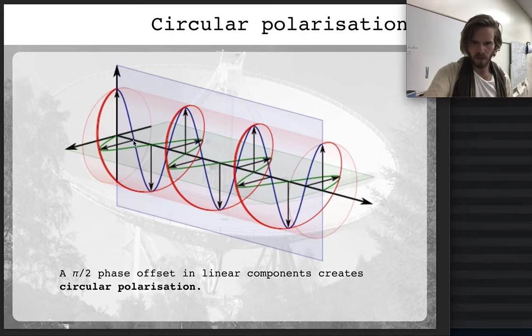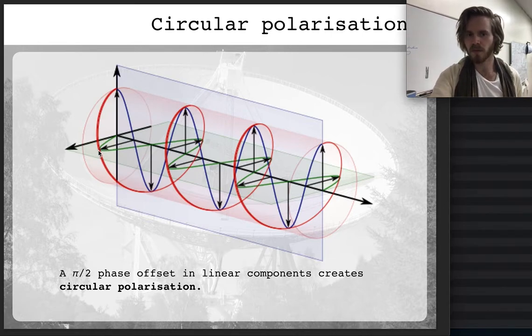Then what do we have? This is a quarter of a cycle later, so 90 degrees later, half a pi. Now the vertical component is contributing 0 to our overall wave, and the horizontal component is contributing at its peak.